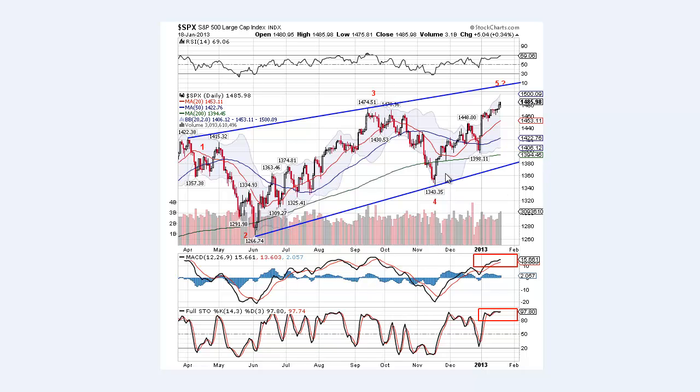We are quite overextended in this current rally, as indicated by stochastics and MACD. Even RSI is moving close to overbought level as well. Support on the downside should clearly be located around these levels, 1474, followed by 1470, all the way down to 1453 levels, which is a 20 period moving average.